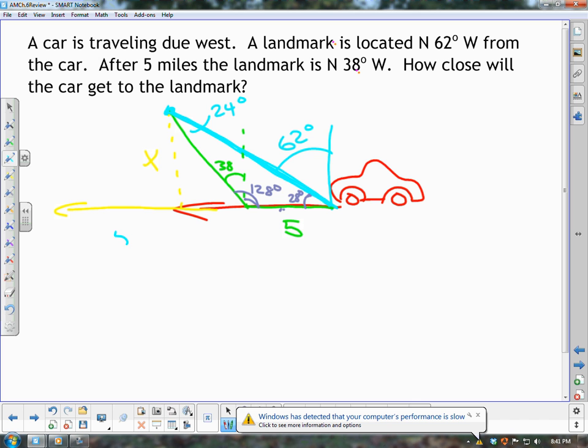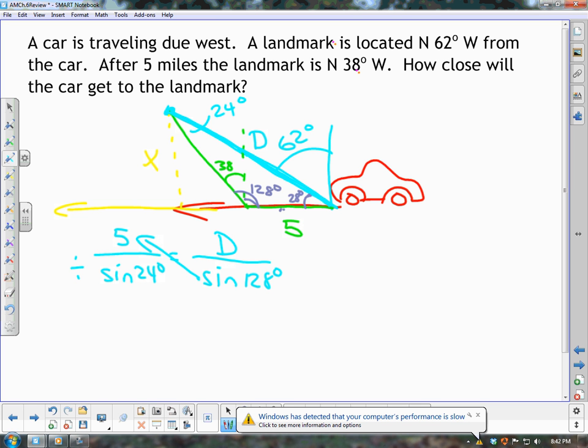So then you can say 5 over sine of 24 is equal to, and we're going to call this value right here d, d over the sine of 128 degrees. And so then you will get sine 128 times 5 divided by sine of 24.